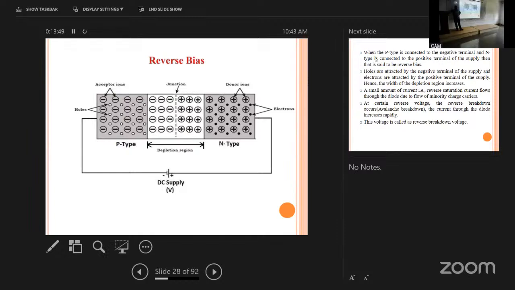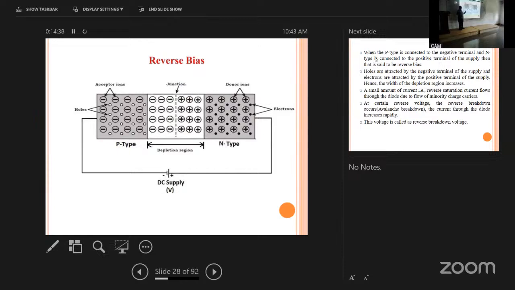Next, reverse bias. Reverse bias is simple. Whenever the negative supply is connected to the P-type material and the positive supply is connected to the N-type terminal, it forms the reverse biasing of a PN junction diode. The negative supply has negative charge and holes have positive charge, so these are unlike poles.